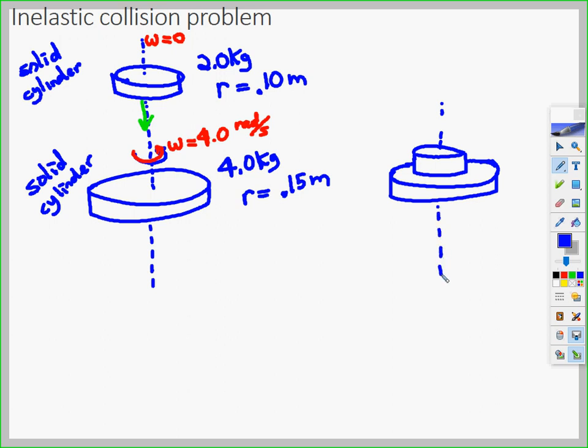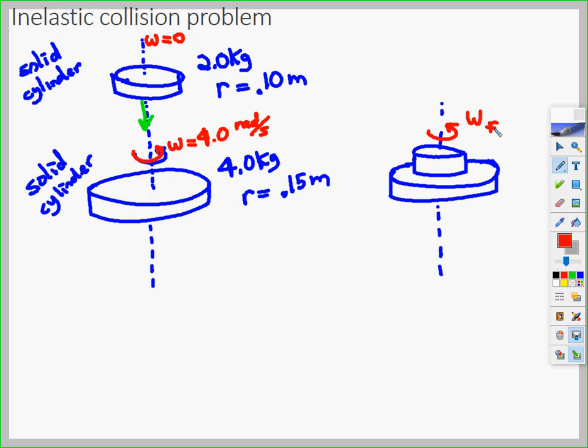The two are going to stick together and spin together. And the question is, after you drop that top one on the bottom one, what's their new combined final angular velocity?